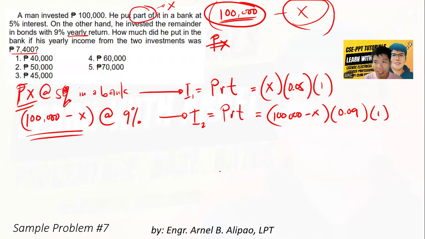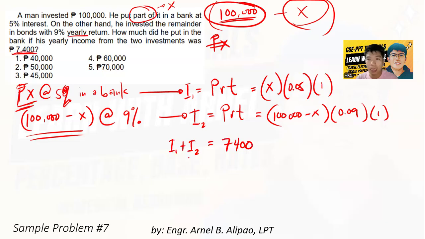So take note that based on the problem, your yearly income from the two investments, meaning I1 plus I2, is equal to 7,400. That's gonna be our guide. We are asked how much we put in the bank, meaning we are asked for the value of X.